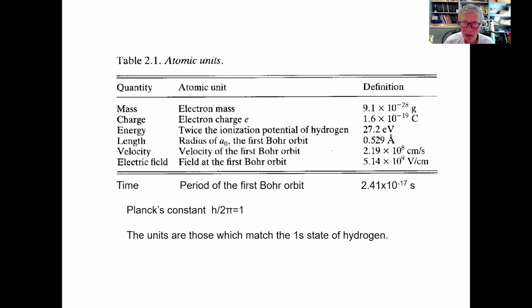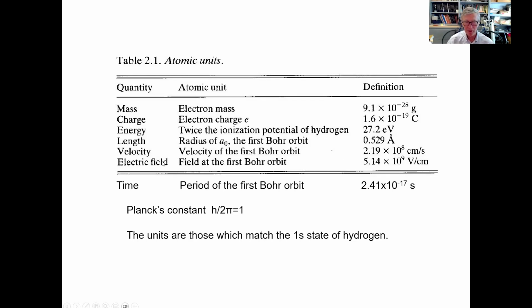Okay, so as promised, I will define the atomic units. An atomic unit is basically whatever that quantity is in the 1s state of hydrogen. So mass is the electron mass, charge is the electron charge. Energy is twice the ionization potential of hydrogen, that is twice the Rydberg constant. The unit of length is the radius of the first Bohr orbit, which is just the Bohr radius.